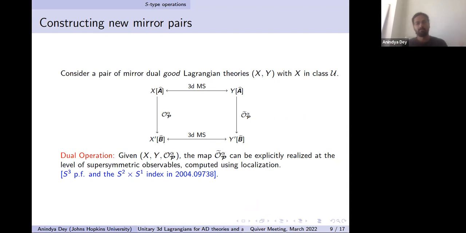And so X and Y are mirrored to each other, and X prime and Y prime are mirrored to each other, but X and X prime are not mirror or dual to each other in any way. Another way of saying it is that X and Y, in the IR, flow to the same SCFT, and X prime and Y prime flow to the same SCFT in the IR, but a different one.